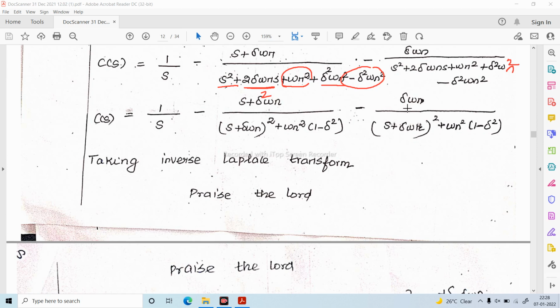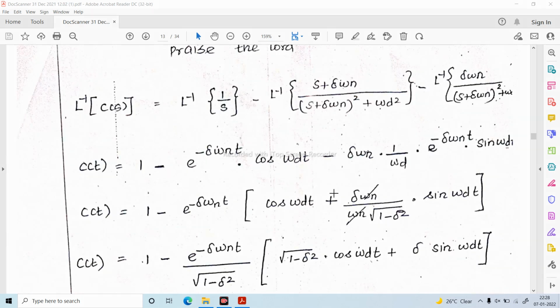Here also minus delta omega n divided by s plus delta omega n the whole square plus omega n square into 1 minus delta square. What is omega n square into 1 minus delta square? So that is equal to omega d square.